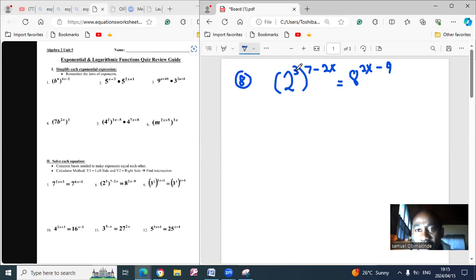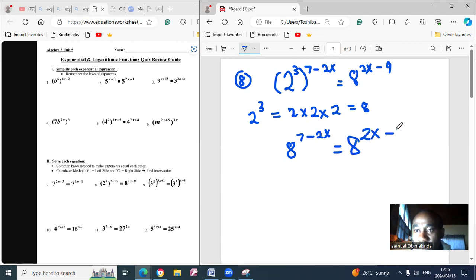What you have in this bracket is 2 to the power of 3, which equals 2 times 2 times 2. 2 times 2 is 4, 4 times 2 equals 8. That way, we can turn this 2 to the power of 3 into 8. Then we write this exponent, 7 minus 2x, and that will be equal to 8 exponent 2x minus 9.